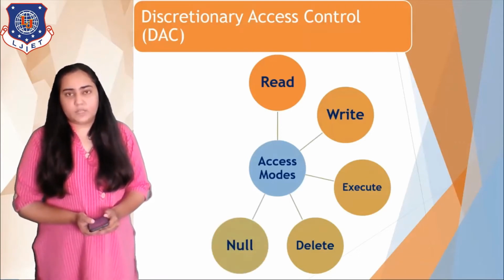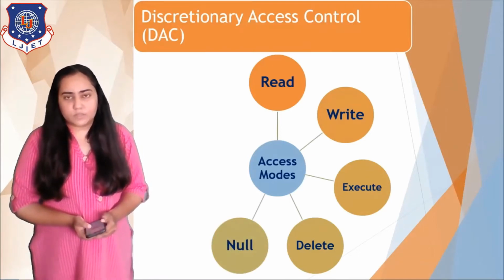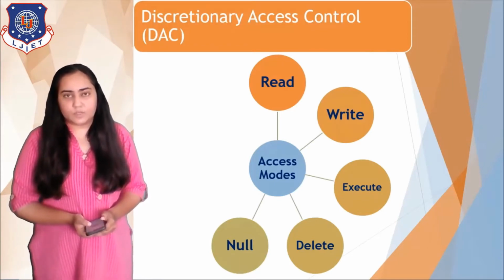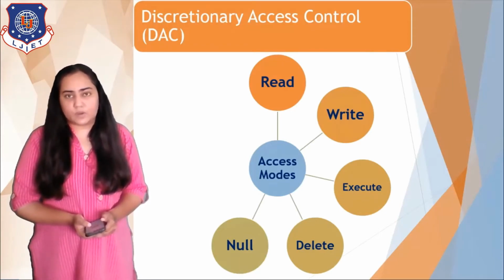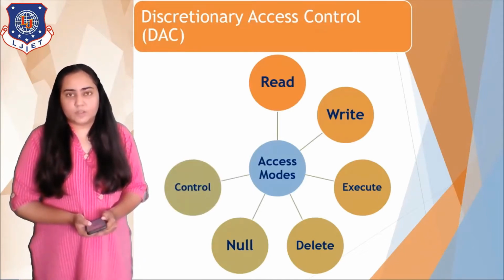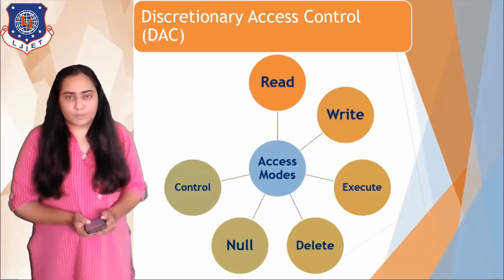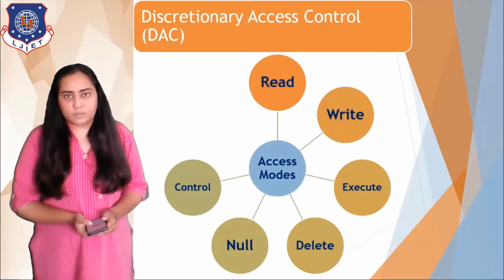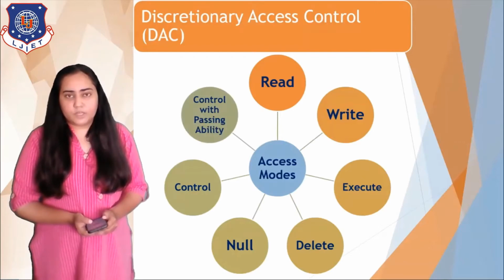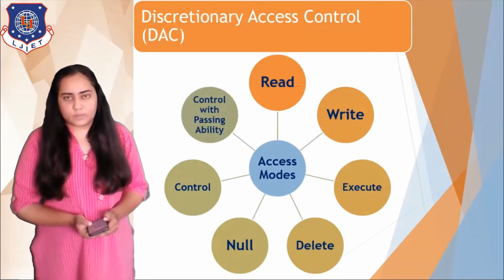And then we have the null mode. The null mode means there is no access mode given. That means the user has no rights over that particular file. And then we have the control mode. This means the user can control that particular object or file completely. And finally, we have the control with passing ability.